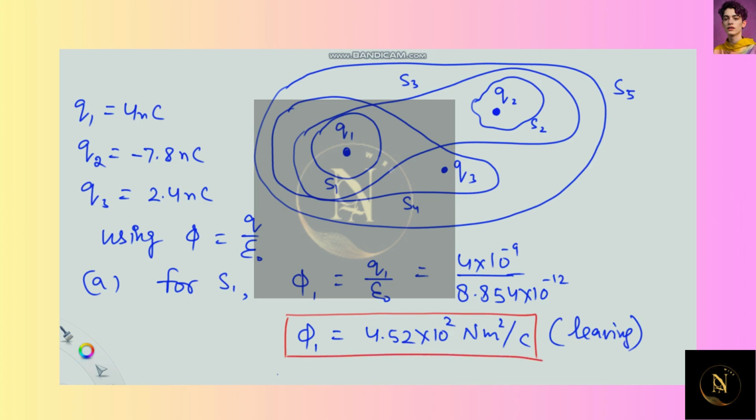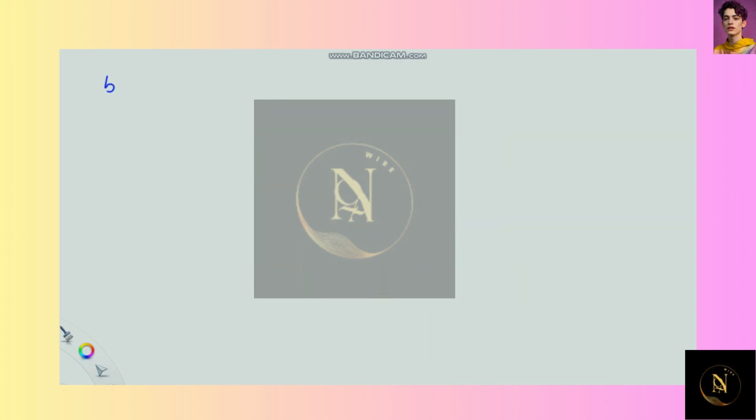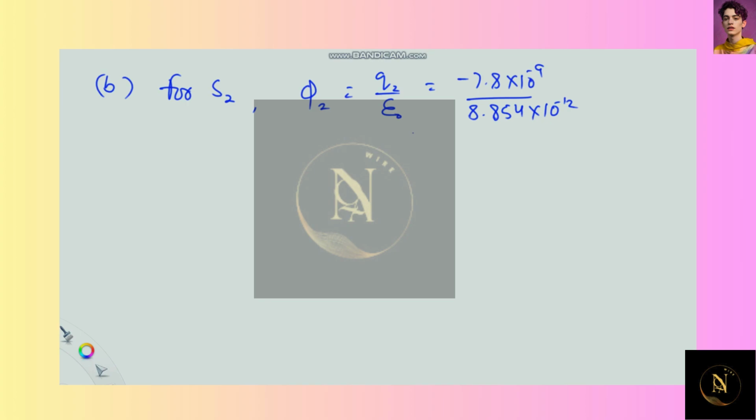Then for the second part of the problem, for the surface S2, phi 2 is Q2 by epsilon naught, that is minus 7.8 into 10 to the power minus 9 coulomb divided by 8.854 into 10 raised to the power minus 12.